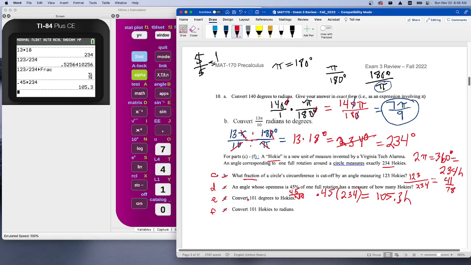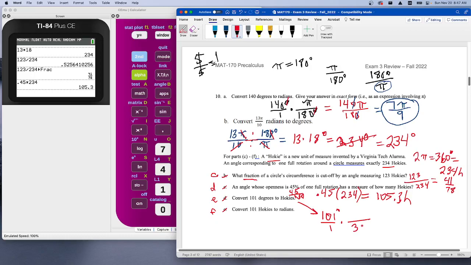Convert degrees to Hokies, 101. So we've got 101 degrees. We need to multiply by the conversion factor that will have degrees in the denominator.